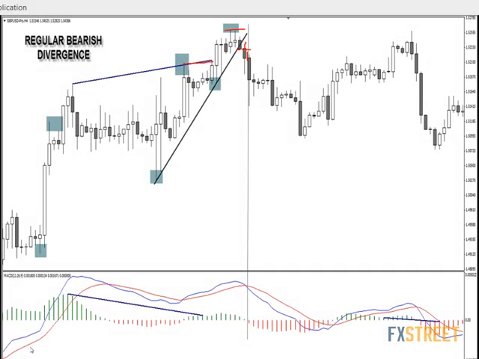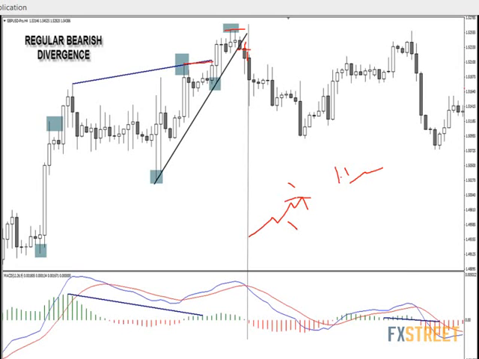So if your 1 hour is like this, you want to go short because there is bearish divergence here, okay, your 4-hour or daily is still to the upside. So first you will see opposite movement in lower time frames. So you cannot confirm divergence with higher time frames.